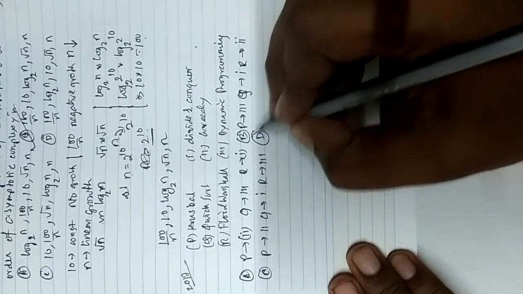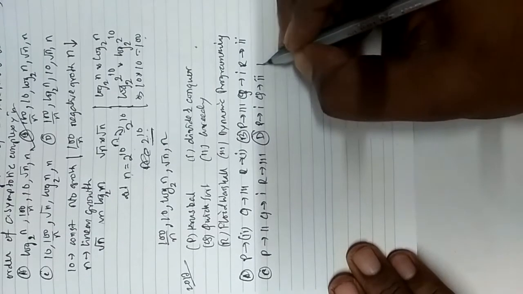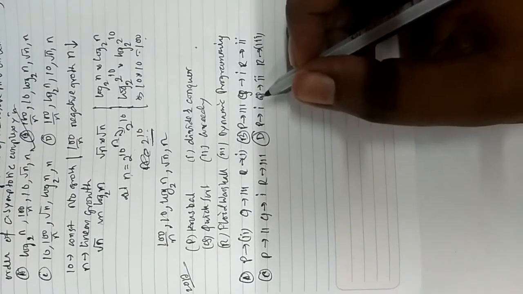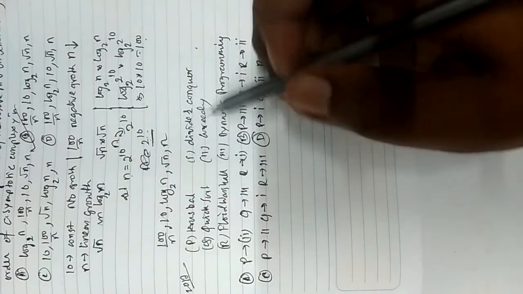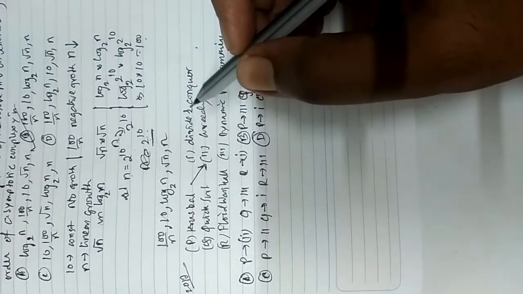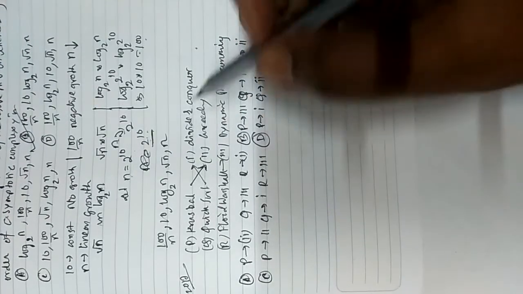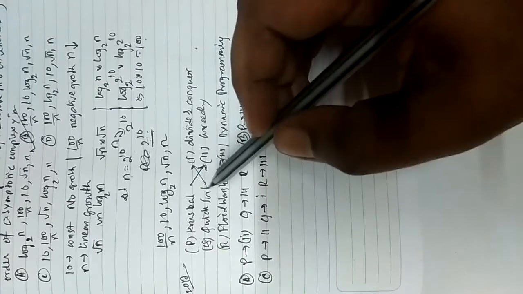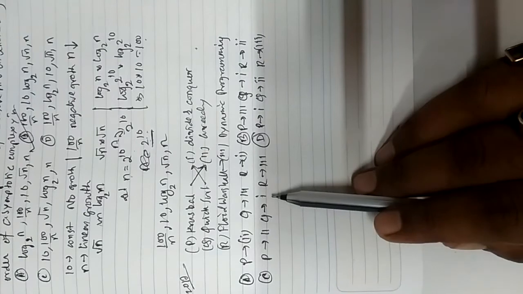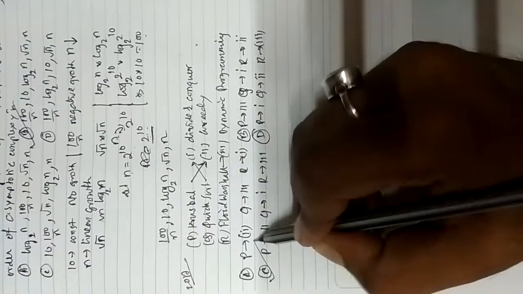And D: P is 1, Q is 2, and R is 3. Now, Kruskal is a greedy method, quick sort is nothing but divide and conquer, and Floyd Warshall is dynamic programming. So P2, Q1, R3. So C is the correct answer.